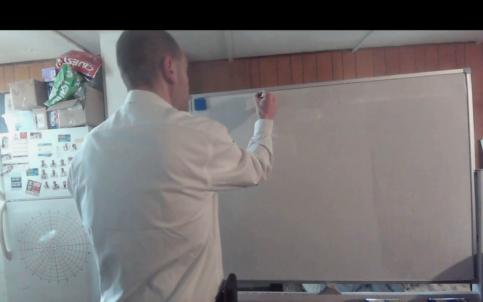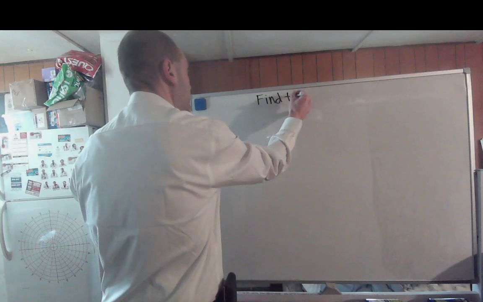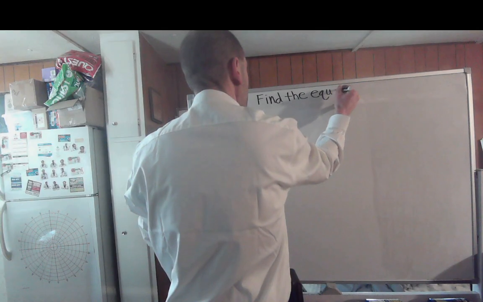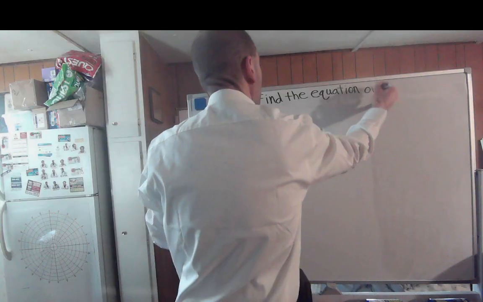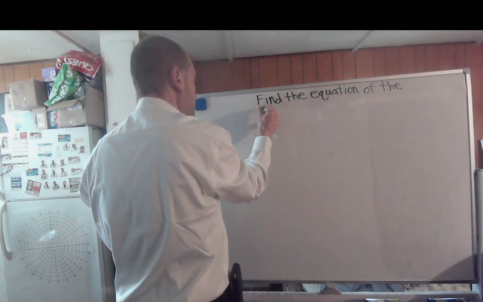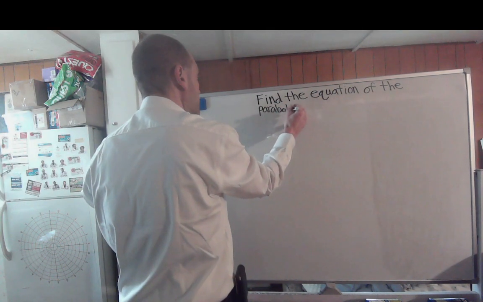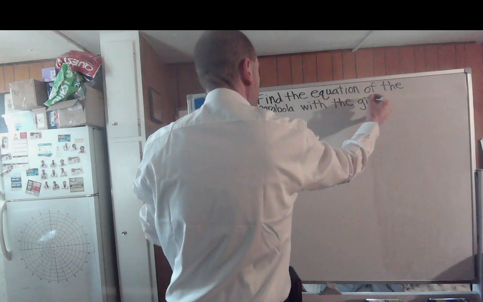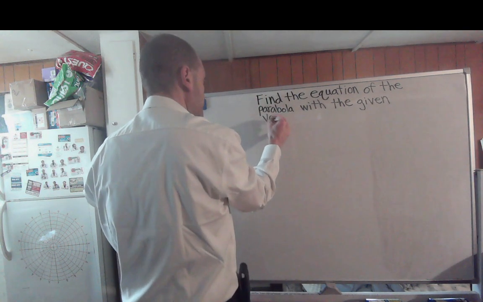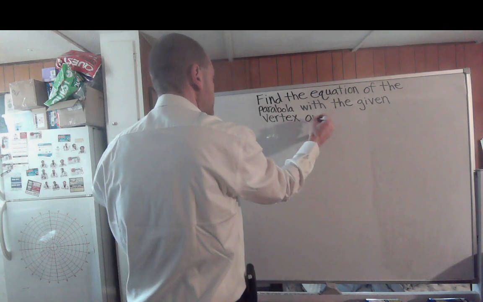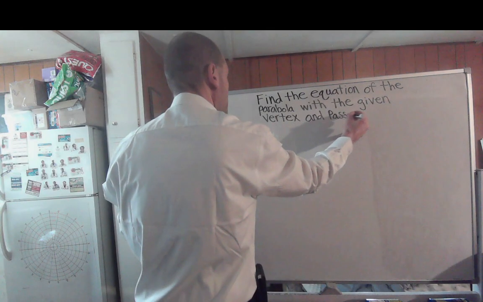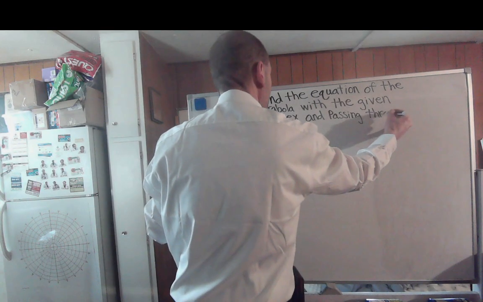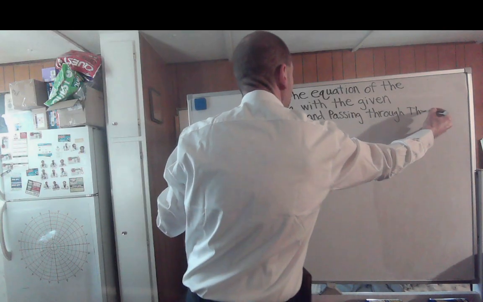Alright. Now, let's see. Find the equation of the parabola with the given vertex and passing through the given point.